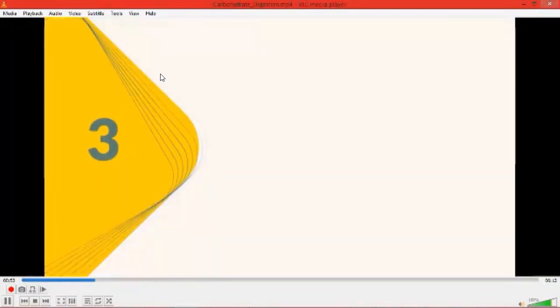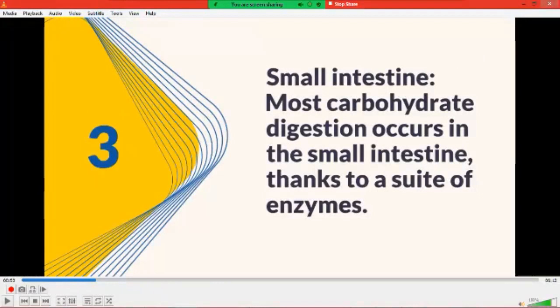Now, the small intestine. Most carbohydrate digestion occurs in the small intestine. The major sites of carbohydrate digestion are the mouth, the stomach, the small intestine, and the last site is the large intestine.